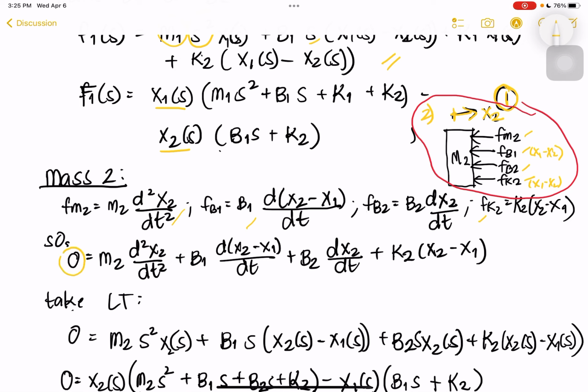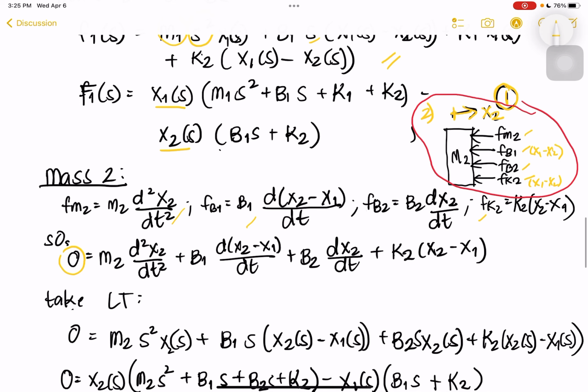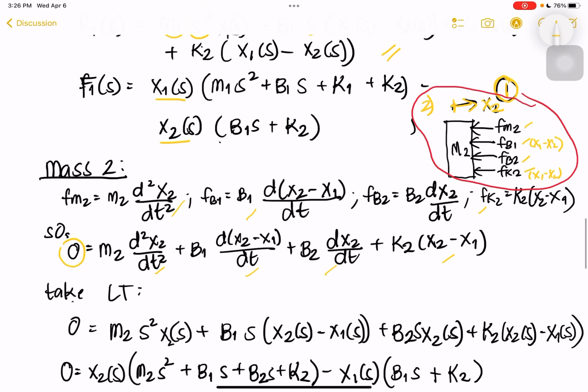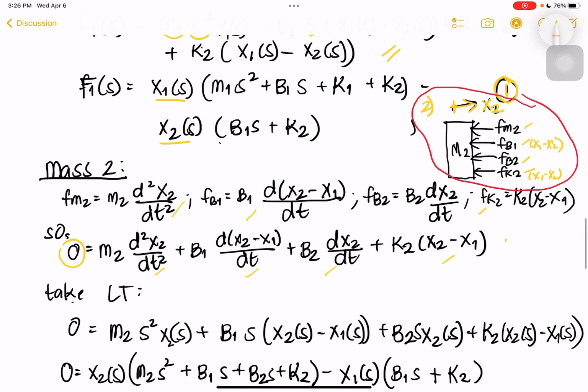So 0 is equal to the summation of all the opposing forces, and then substitute those opposing forces. So m2 d squared x2 over dt squared plus b1 d of x2 minus x1 over dt, plus b2 dx2 over dt plus k2 times x2 minus x1. So this is your equation number 2.